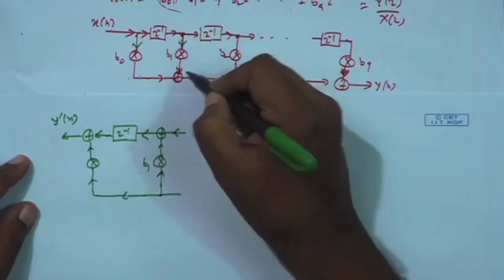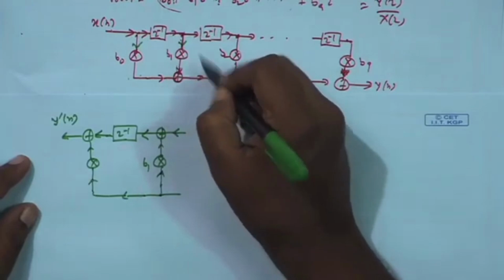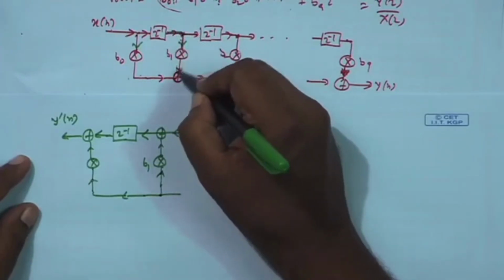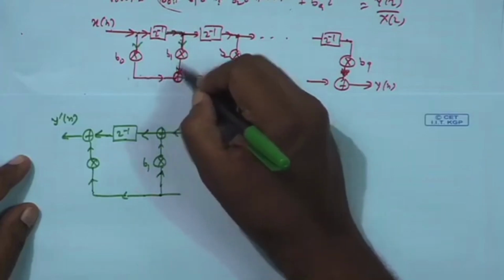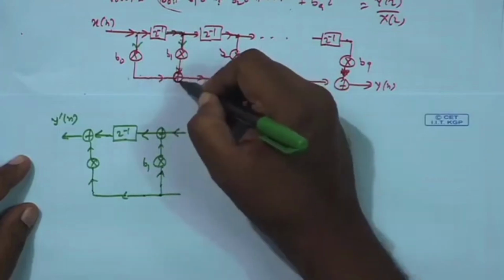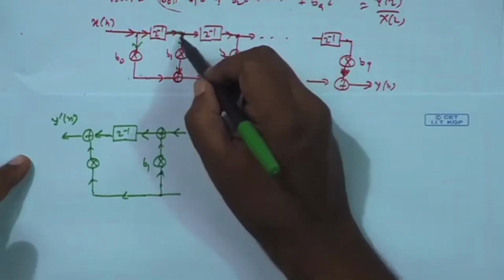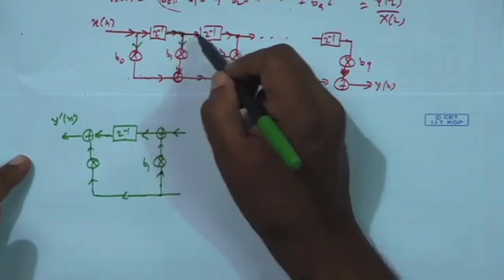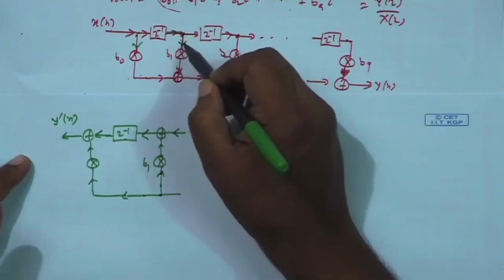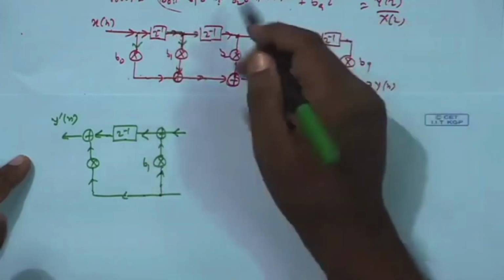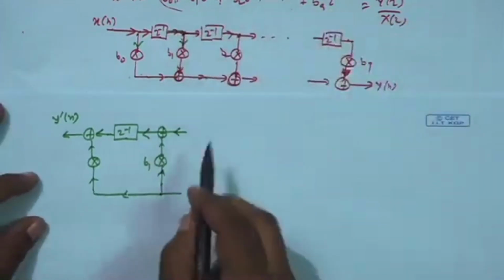See, adders are 2 input, 1 output devices, and a branching point is what? 1 input, 2 outputs. So, if the arrows are reversed, there will be 2 outgoing arrows, 1 incoming arrow. So, obviously, it cannot be an adder, it will be a branching point. And in the case of a branching point, there was 1 incoming, 2 outgoing. So, now after reversing the direction, there will be 2 incoming, 1 outgoing. That means it cannot be a branching point, it is actually an adder. It is like that. Okay.